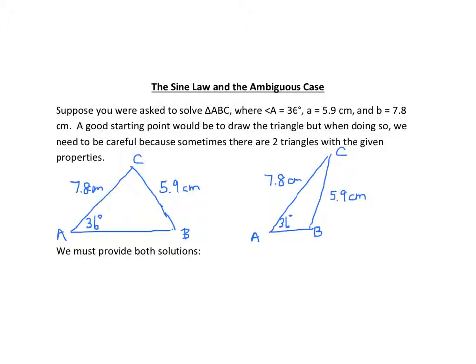So you can see that both of those triangles would satisfy the given criteria. When that happens, we have to be careful in our solution because there are actually two solutions which are possible. Now I'm going to show you those solutions, but at this point I would like you to stop this video and go to the video part 2, please.